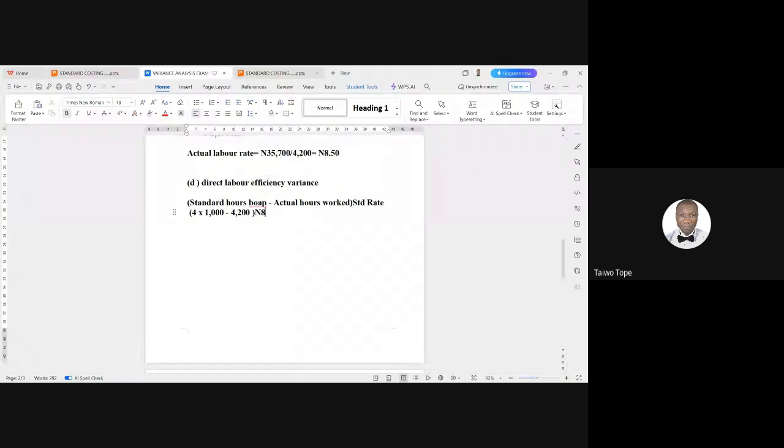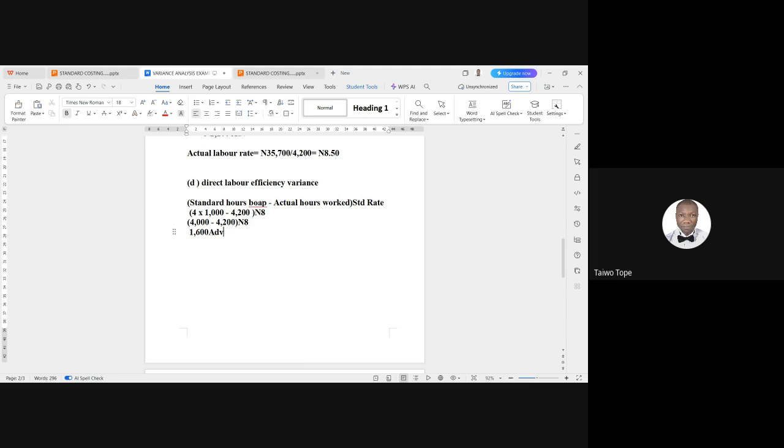So when you simplify this, you have 4,000 minus 4,200, multiplied by 8 naira. Your variance will be 1,600 adverse. It is adverse because the actual is greater than the standard.